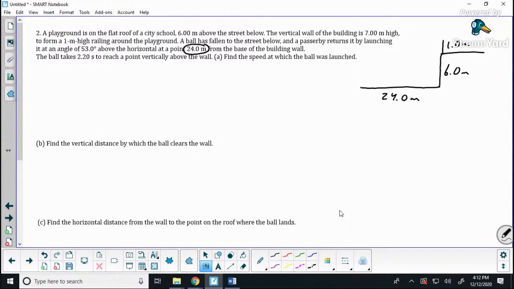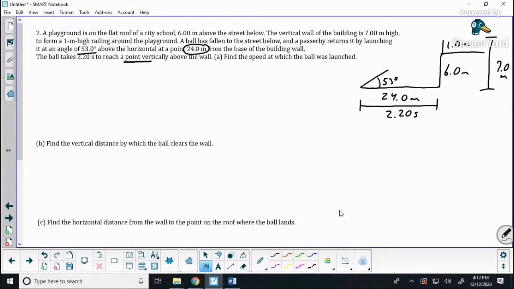So altogether, my delta y is 7.0 meters. The ball is launched at an angle of 53 degrees above the horizontal. And to cover that 24 meters, it takes 2.20 seconds.